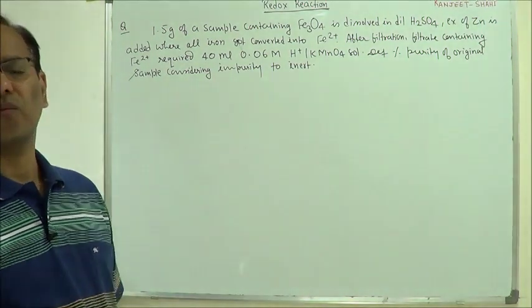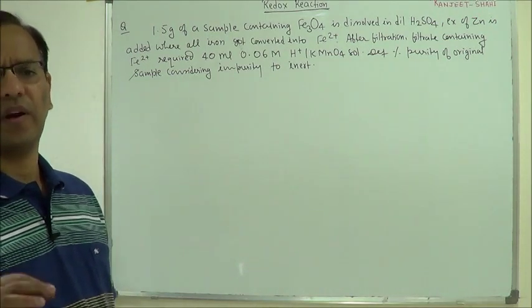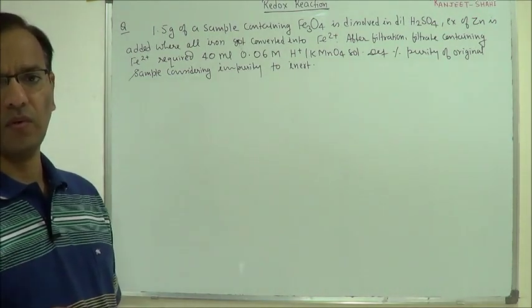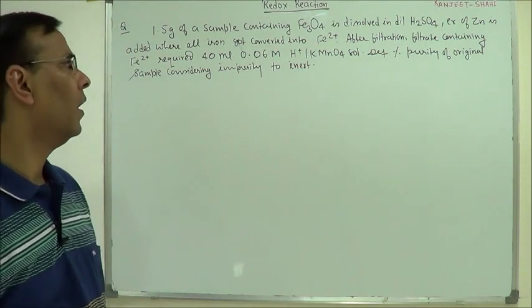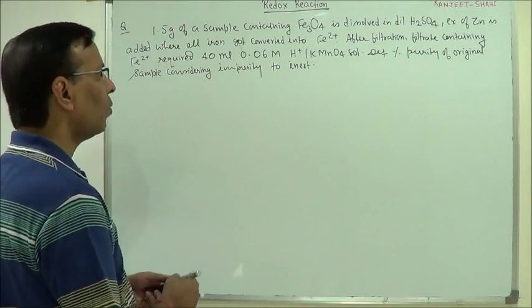So from the given information, we have to determine the amount of Fe3O4, ferroferric oxide, in the original sample. So let us proceed. What is happening here?